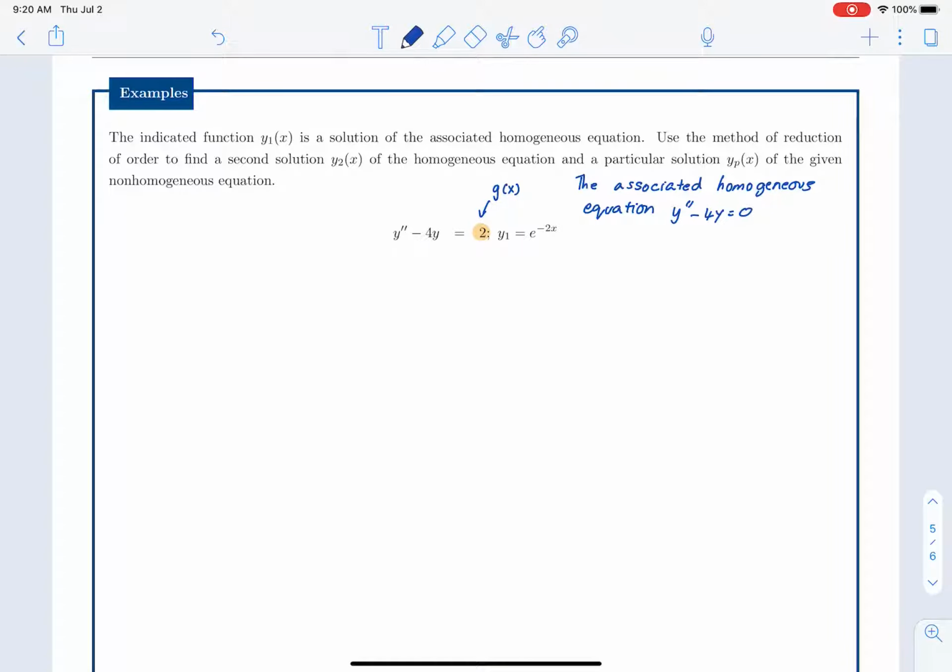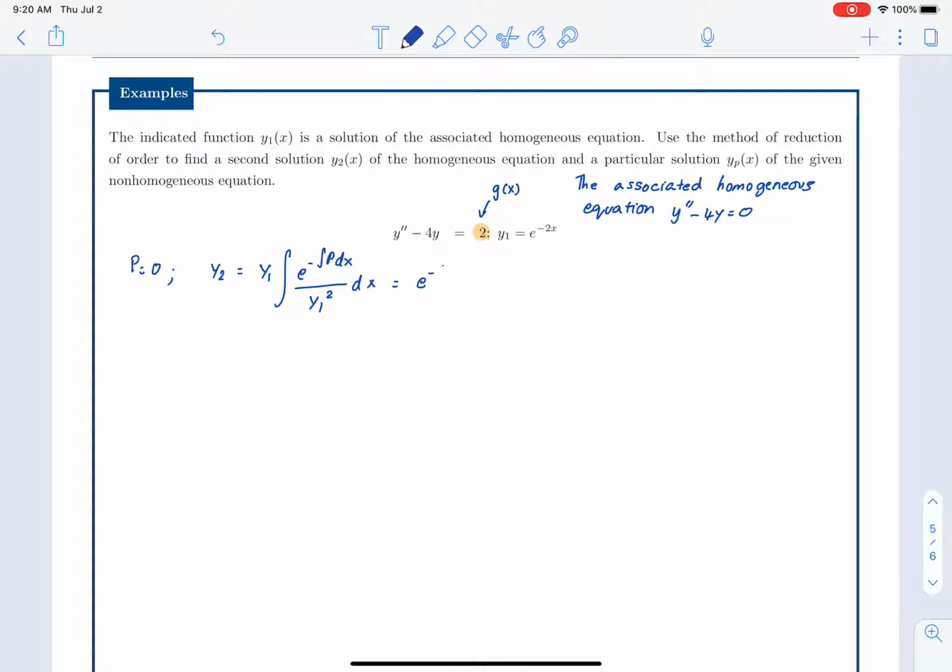So we could use reduction of order to find the other solution. By direct comparison to our derivation, we can see that p in this case is 0. And we know that the second solution, y2, is y1 times the integral of e raised negative integral p dx divided by y1 squared dx.